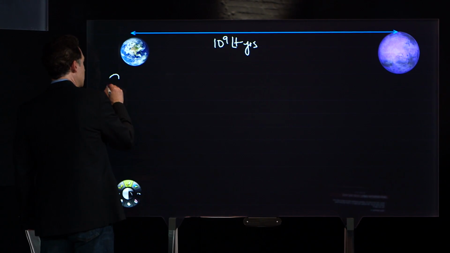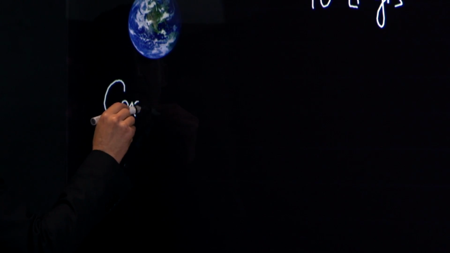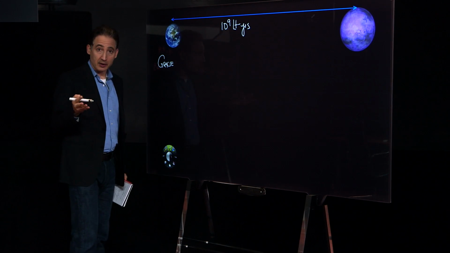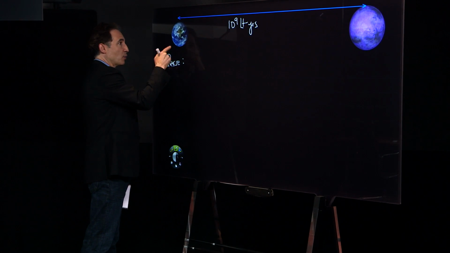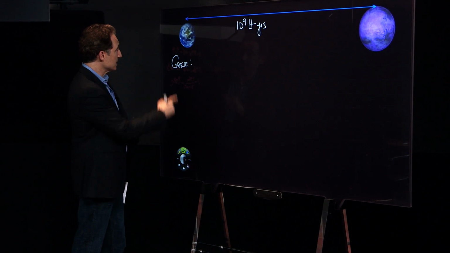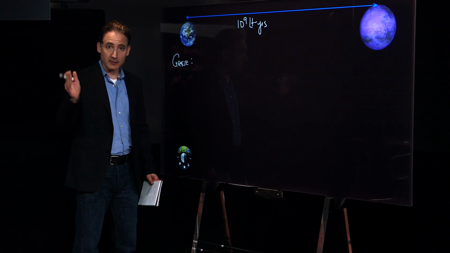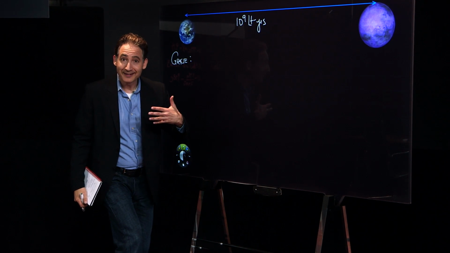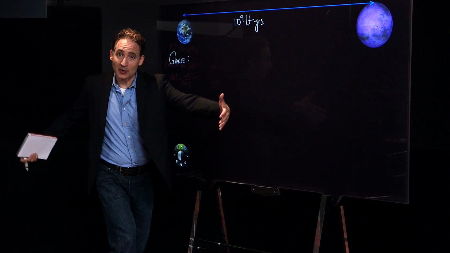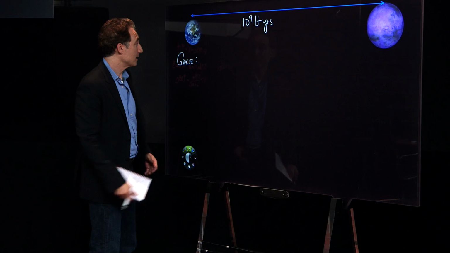So from Gracie's view, if she is rushing along at a speed v, what will she say is the distance from Earth to Zaxtar? Again, from her view, she's stationary. Zaxtar is rushing toward her. And because of that, the distance between Earth and Zaxtar will be length contracted.